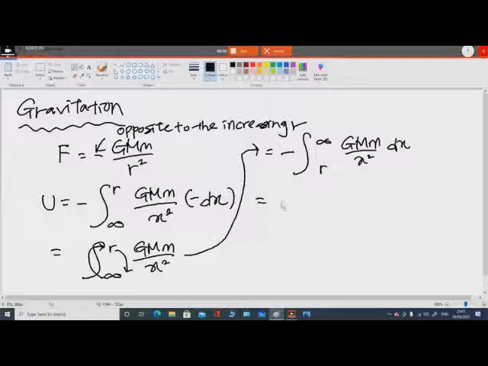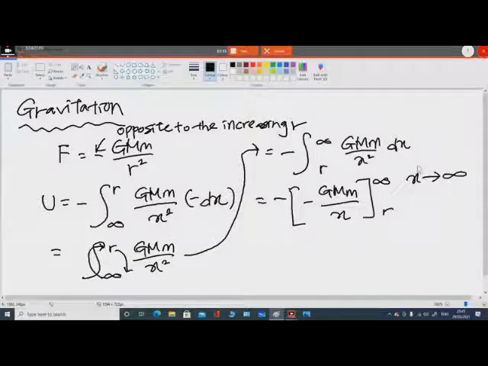We integrate this and we will get negative GMm over x, between infinity and r. If x is approaching infinity, the reciprocal 1 over x graph will approximately get 0.